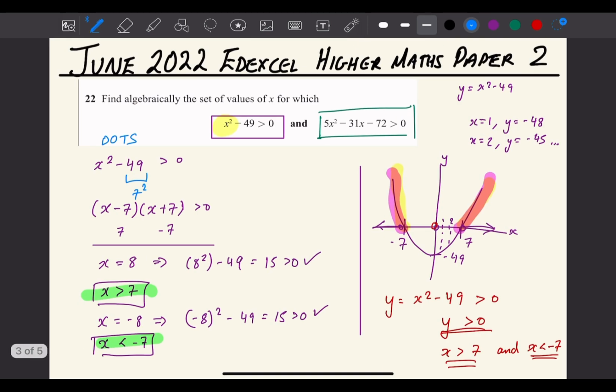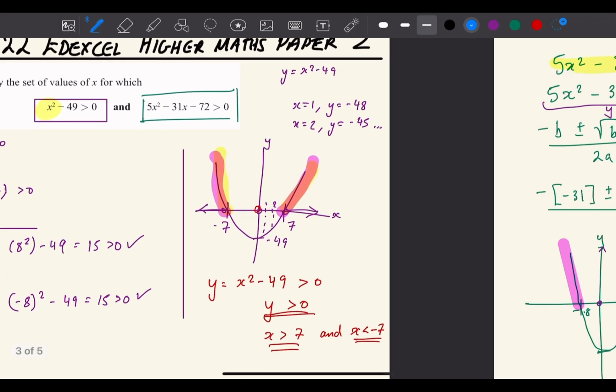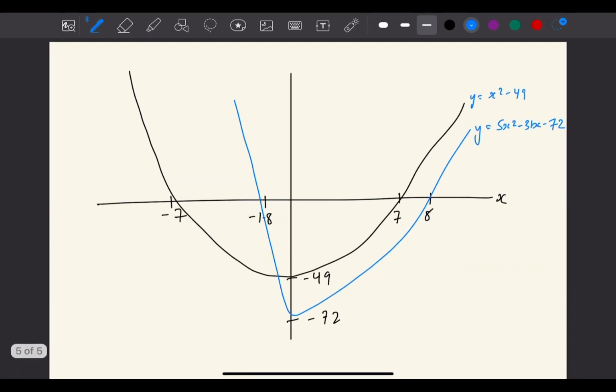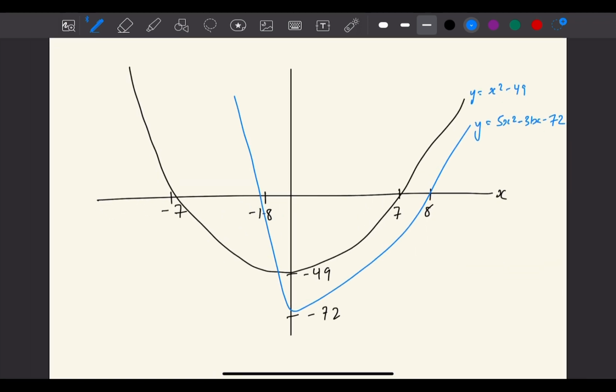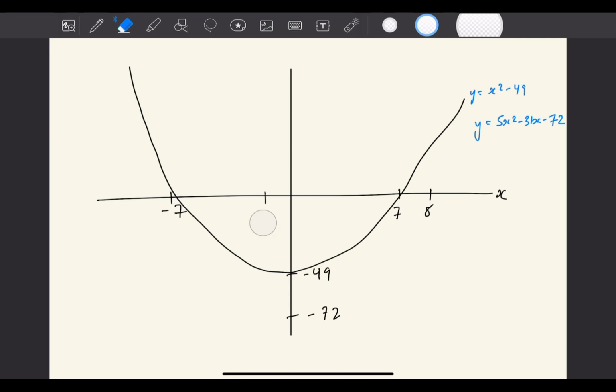Now, the values of x for which both of those equations are greater than 0. So both of those equations are greater than 0 here. Sorry. Let me just redraw this one. I've got to sort of show it in a way that makes a bit of sense.